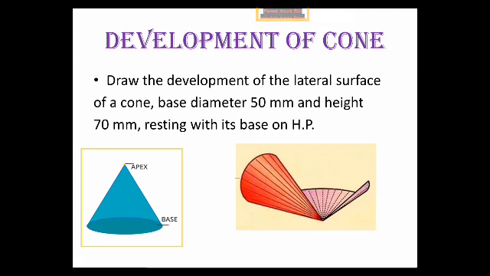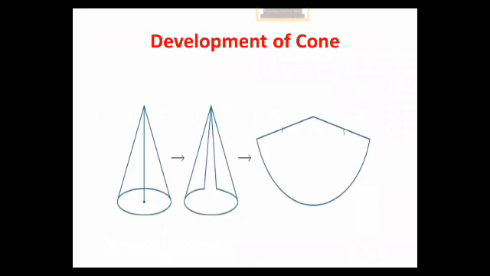Dimensions may vary. So this is the cone, and for the development of this cone, if we cut it from one side with the help of scissors and open it, we get a shape like this. This is the shape we get after developing the cone.